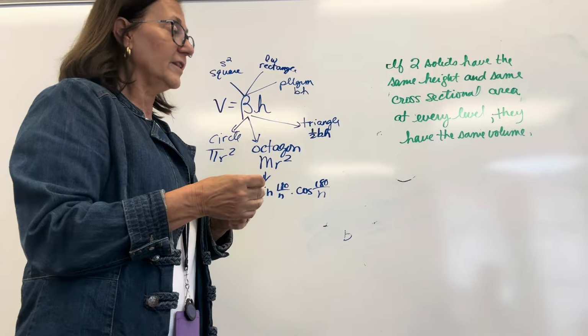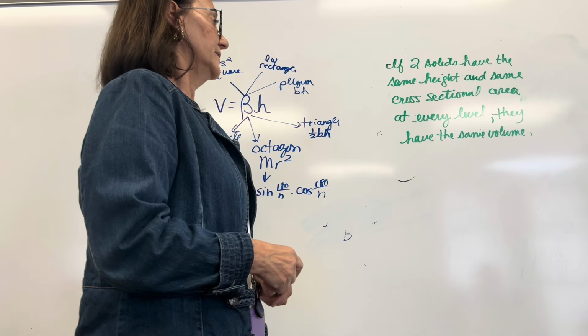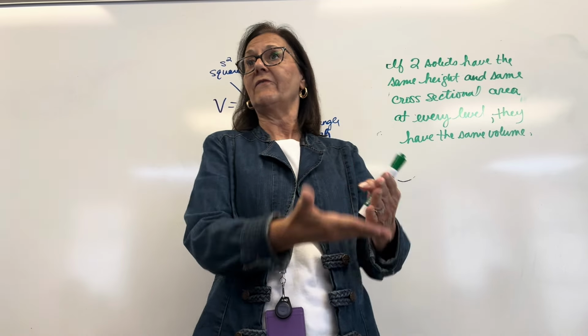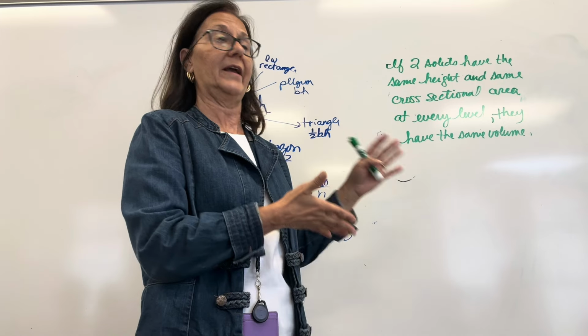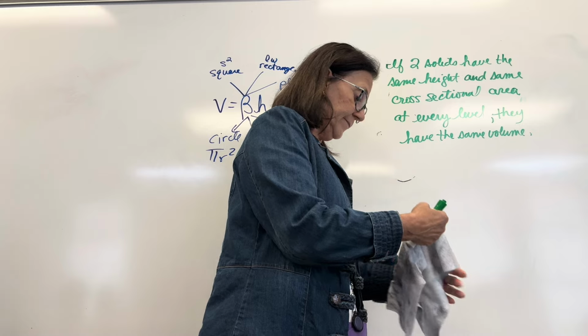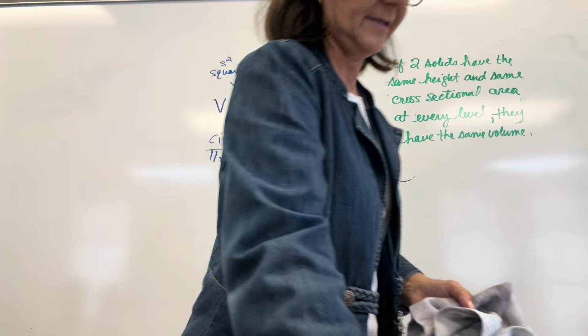All right, so Cavalieri just says if we have two solids, they have the exact same altitude, and at every cross section that we can divide it into, if those cross sections have the same area, then those two solids have the same volume. That's all Cavalieri's principle says. All right?